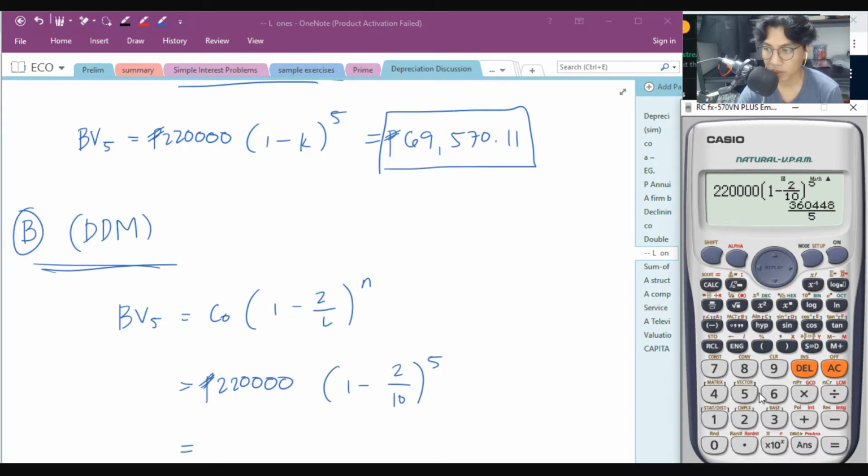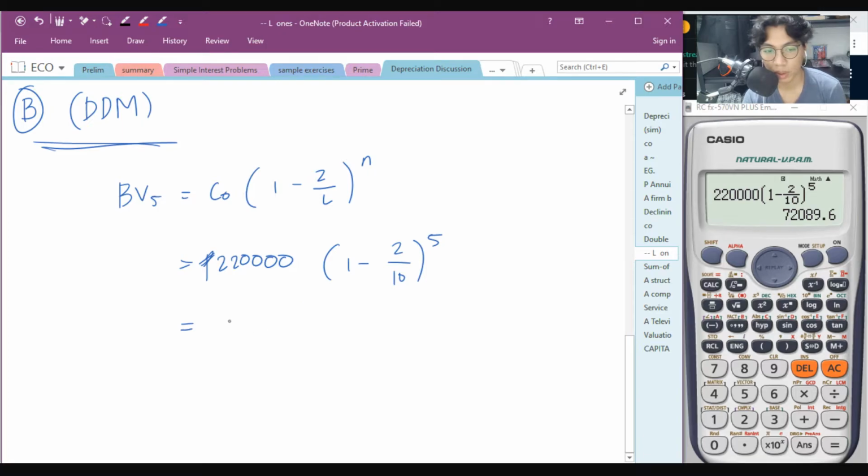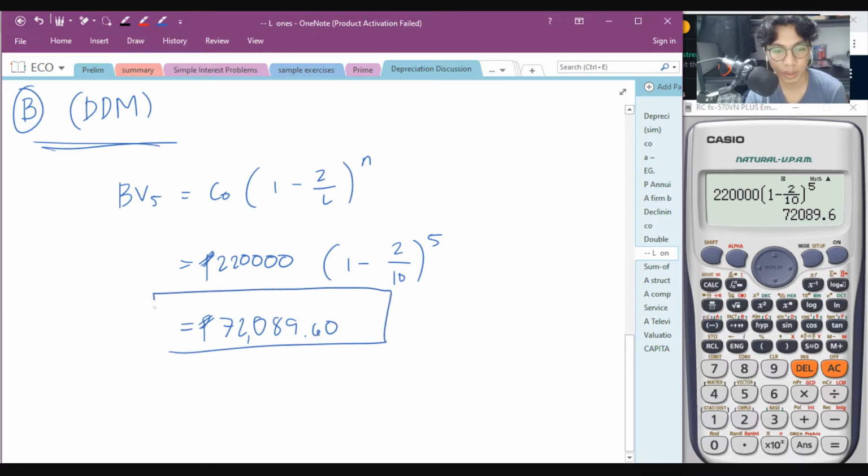So, the answer will be 72,000. So, mas malaki yung naging book value. 72,089.60 centavos. That is for double declining balance method.